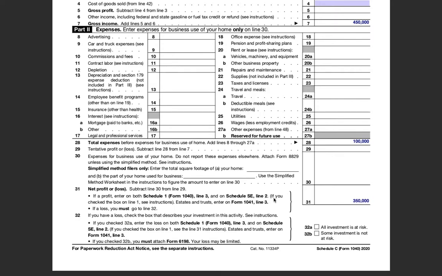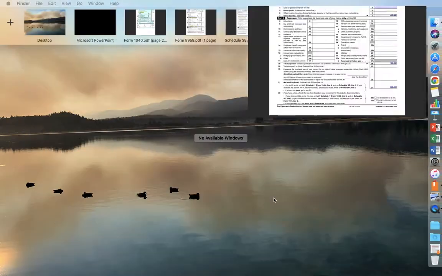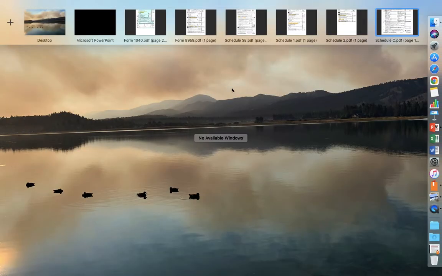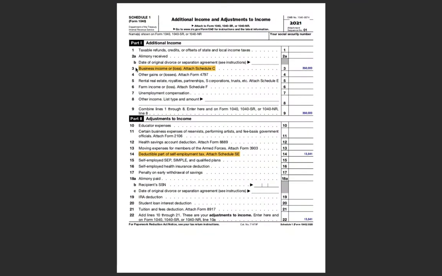So let's go to Schedule 1, line 3. Schedule 1, line 3 is right here. It says business income or loss, attach Schedule C. So you have to attach Schedule C to show you have this amount of income, $350,000, right?